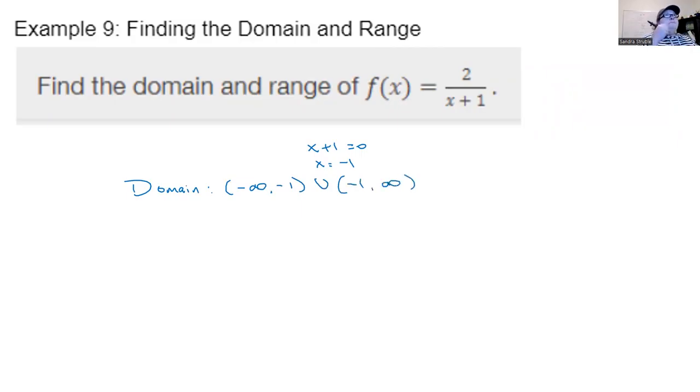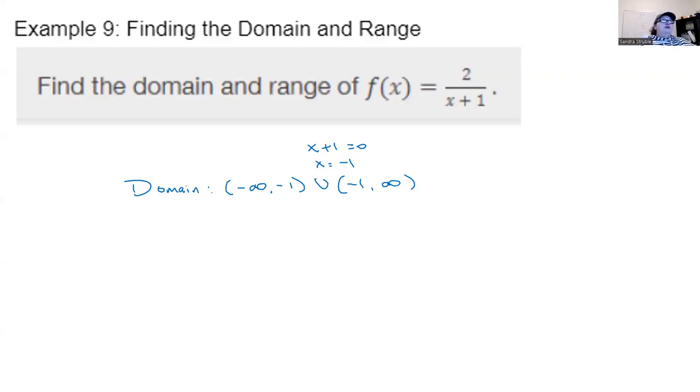There's my domain. My range is what numbers will I get back? So what's going to be represented here on my graph? Well, can we ever have 0? Anytime you have a fraction like this, where it has a constant in the numerator, so just a number, no variable, your range cannot equal 0, ever.